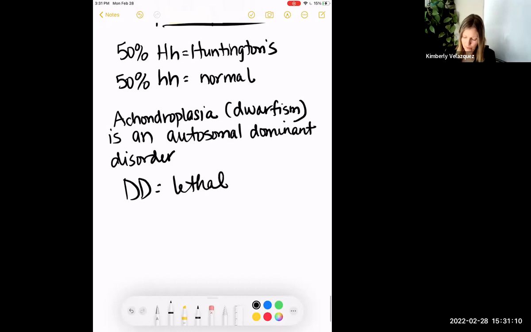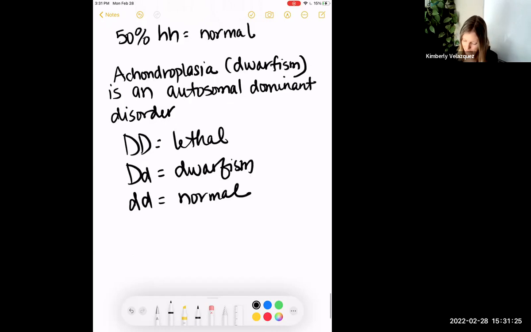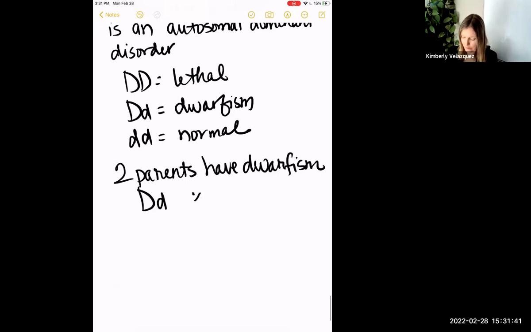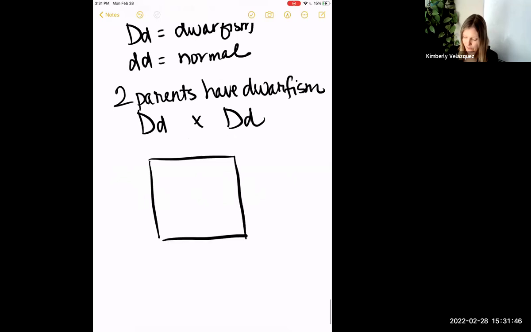So that means people with dwarfism are big D, little d. And little d is normal. So if I said that two parents have dwarfism, you would know that they are both big D, little d. Two heterozygous individuals.